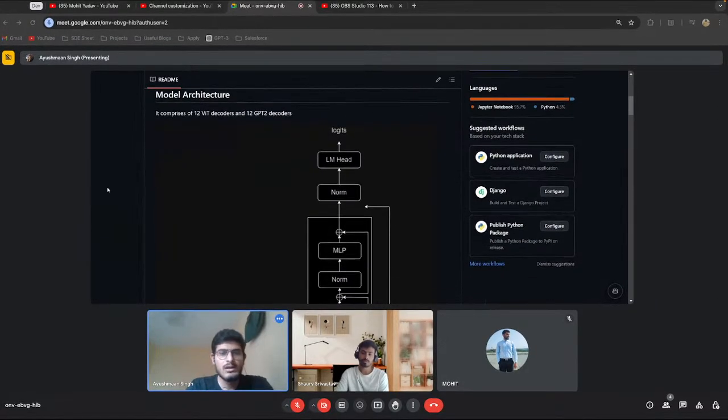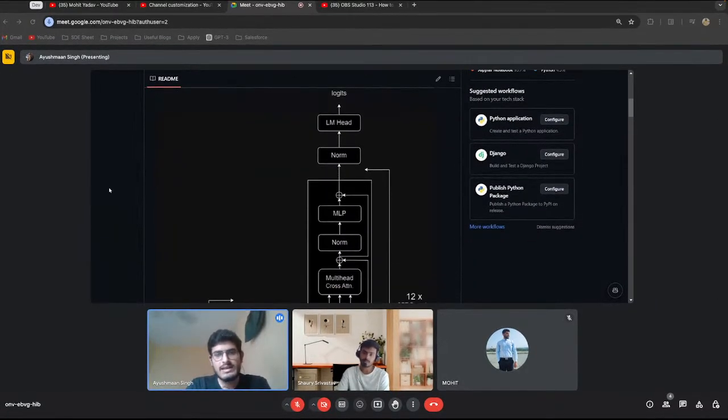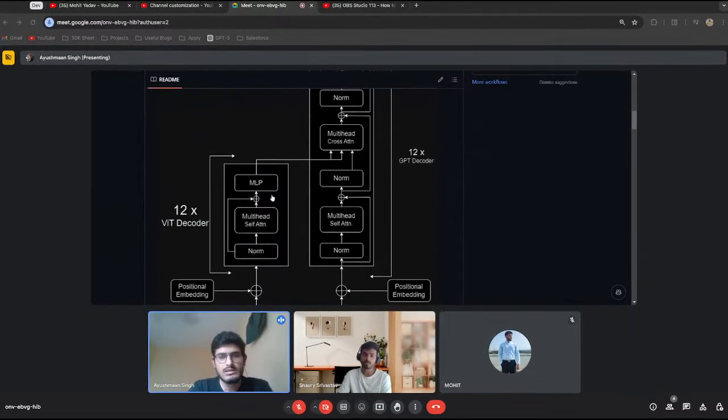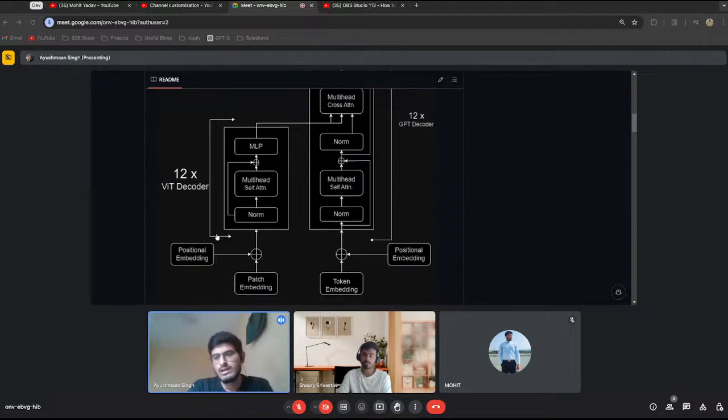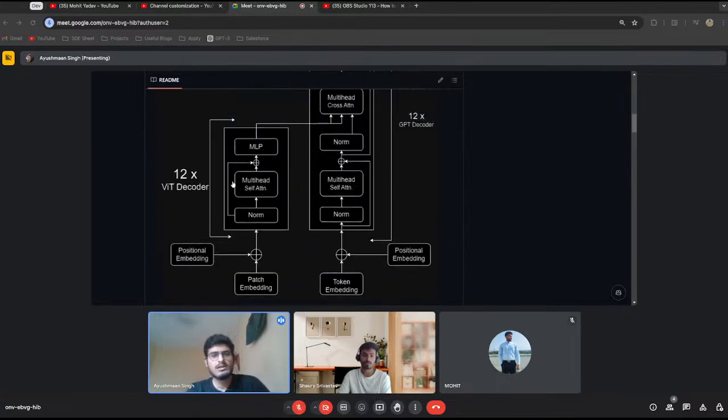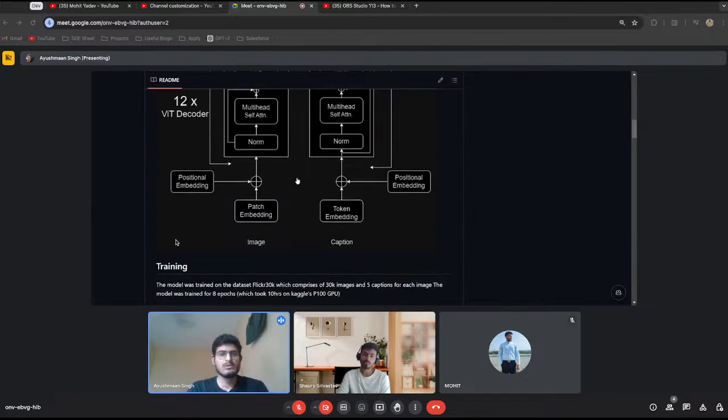Before landing on this, I tried the vision part with different models like ResNets, DenseNet, and others, but the outputs weren't great, just very vague answers. So I then used VIT. The model includes 12 VIT stacks and 12 GPT stacks, which are standard transformer models.